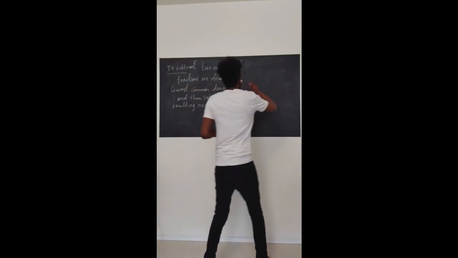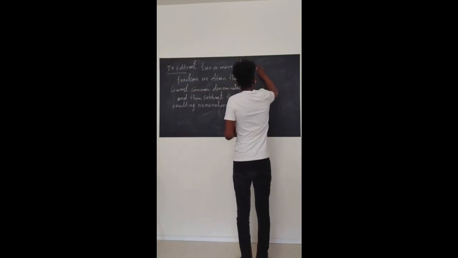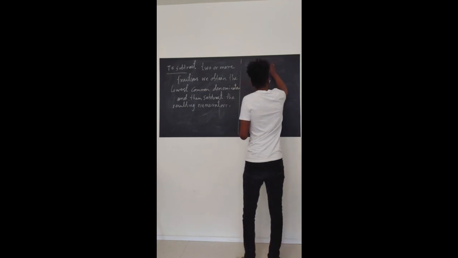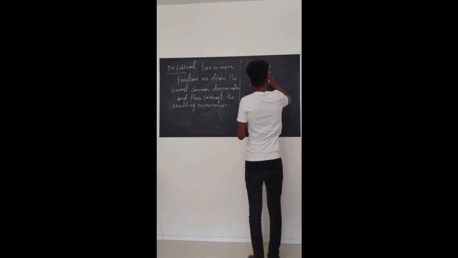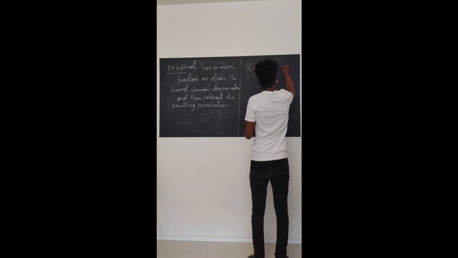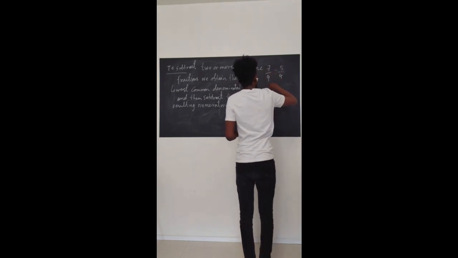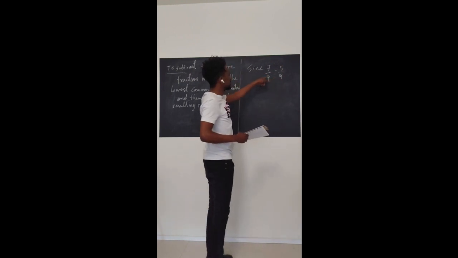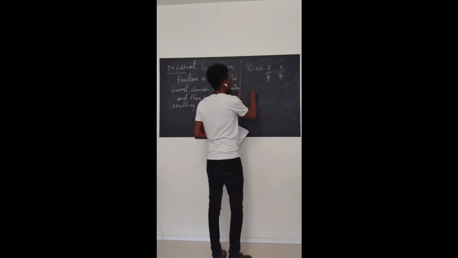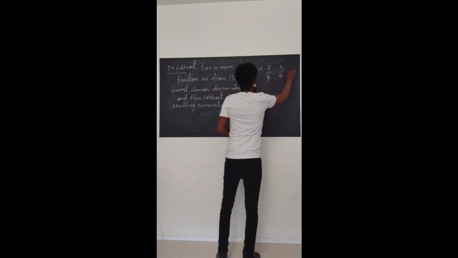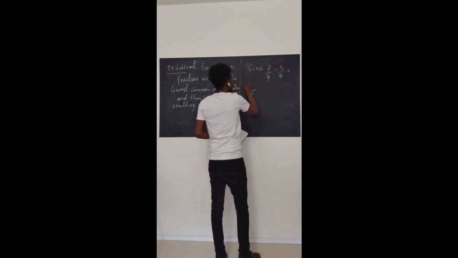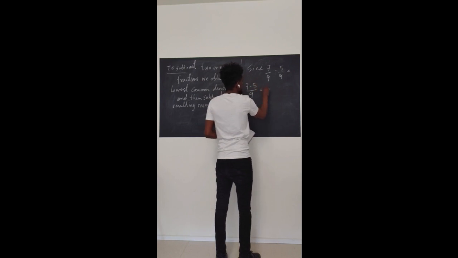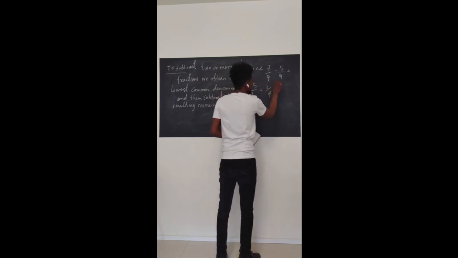So let's take this example. For example, 7 over 9 minus 5 over 9. This is a subtraction, and we see that the least common denominator here is the same, 9. Then 7 minus 5, this is 2 over 9.